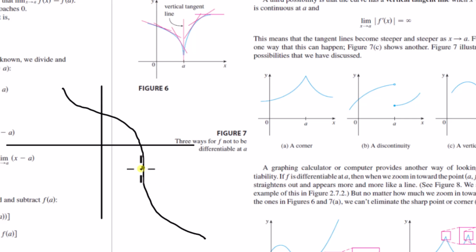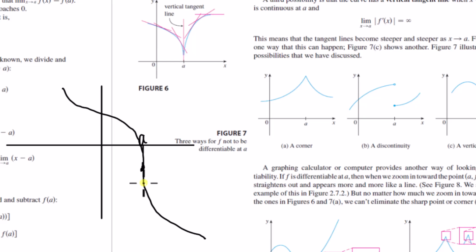So here, the function isn't differentiable if this is truly gone vertical. If it hasn't truly gone vertical, then this is differentiable. But if this is really a vertical tangent here, then the limit of the derivative approaching this point a from the right is equal to infinity, and from the left it's equal to infinity.